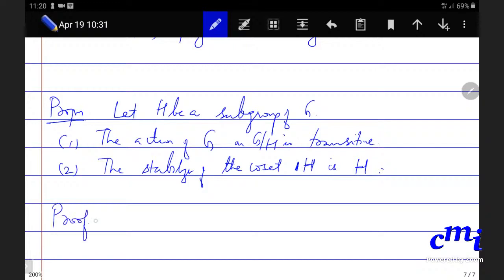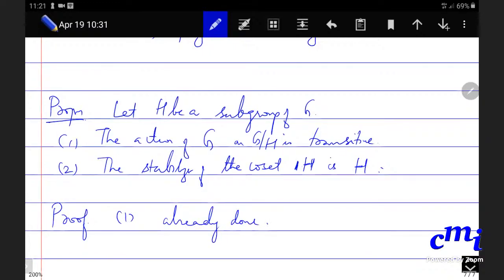Proof. 1 is already done while motivating the definition of transitive action. And 2.